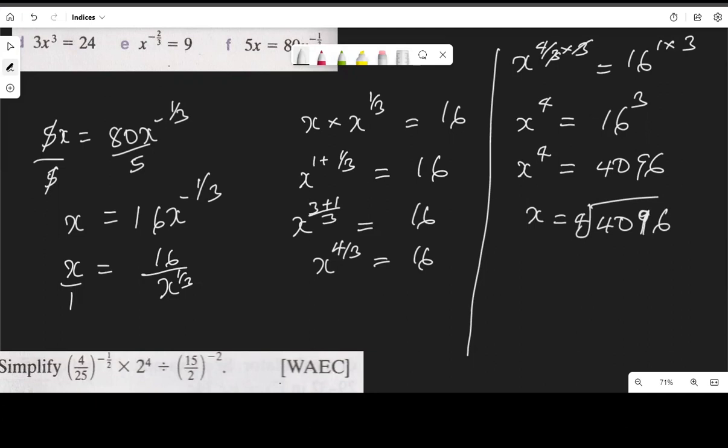The fourth root of 4096, which number multiplies itself 4 times to give us 4096? So s equal to 8. 8 times 8 times 8 in 4 places is 4096.